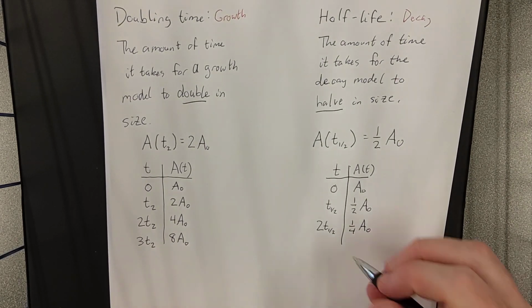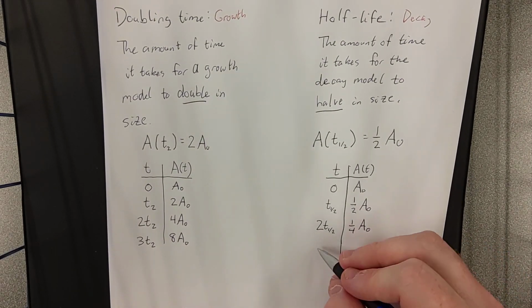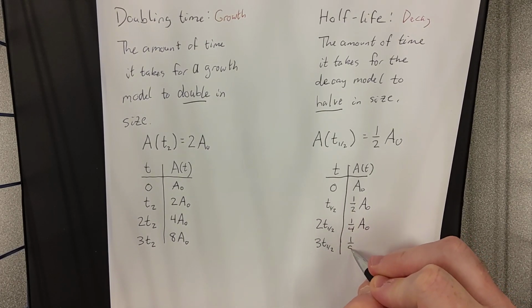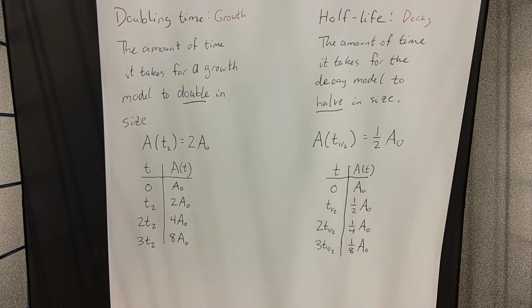That'll be 1/4 of the initial amount, or a naught. After 3 half-lives, we will have half of a half of a half, or 1/2 times 1/2 times 1/2 is 1/8. We'll be using these concepts to try to make predictions about the future, even if we don't necessarily know what the initial amount is.